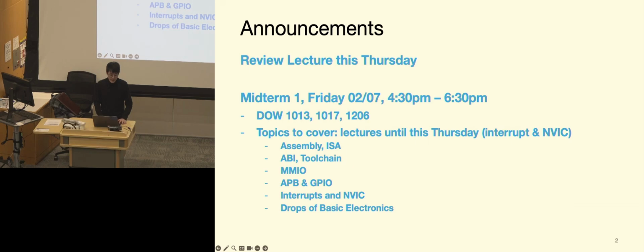And of course, we have the interrupts and NVIC. This would not be a long question itself. It's going to be embedded inside the multiple choice and short answer, because it's relatively new content, and some of you might have already done the lab while some have not. So, to make it fair, we're not going to test heavily on that. But you should know all the basic concepts at a multiple choice and short answer level.